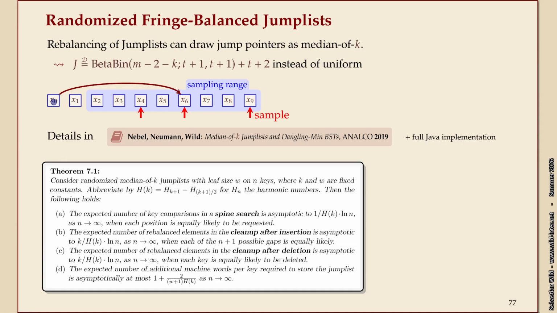Whenever it comes to choosing a jump pointer, there's my sampling range. Now, I'm not just uniformly picking the target. I'm picking, say, 3 targets if I want median of 3. I could pick 5 random elements and then take the median in terms of the distance, so the middle one among those, and pick this one as the target for the jump pointer.